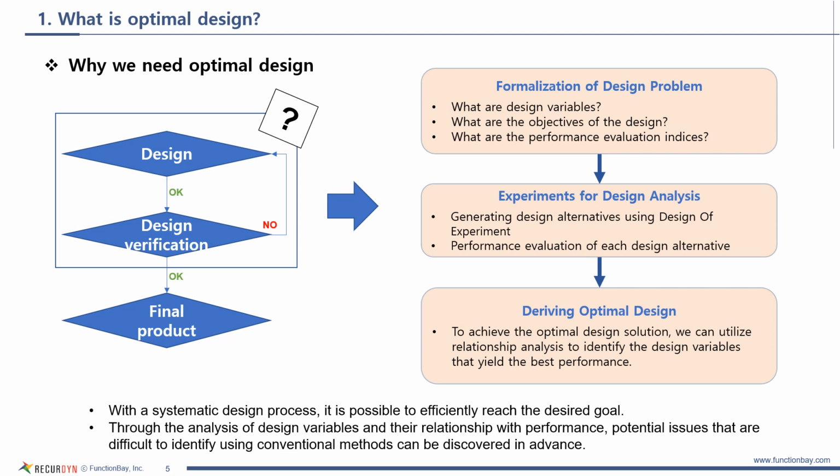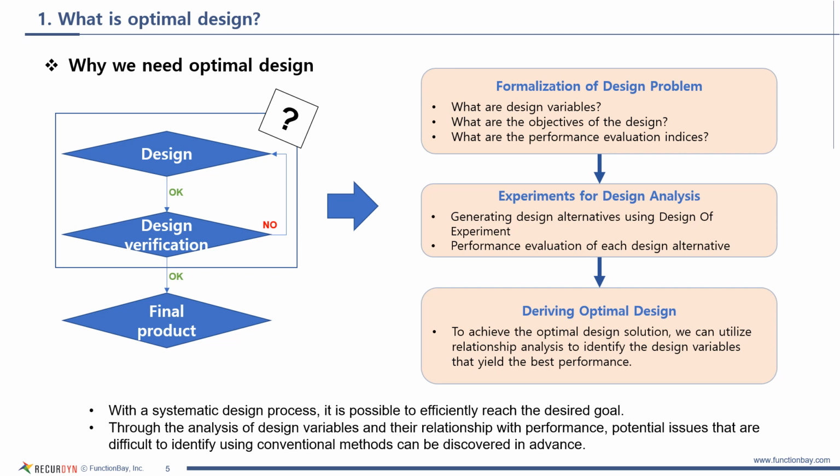However, if there are issues with the design, we'll have to modify and repeat the process of verifying the design. However, using such a process makes it difficult to understand how design variables affect performance, leading to numerous trial-and-error iterations of design modifications and verifications.